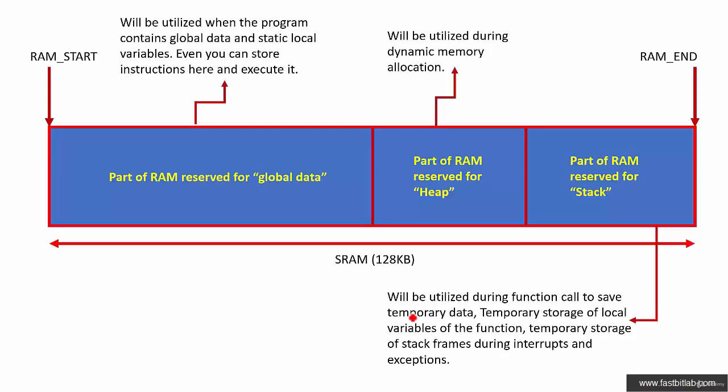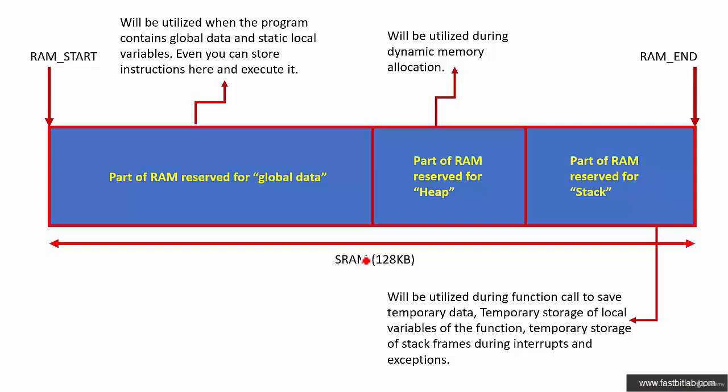Let's move forward. I said one thing, that stack is part of RAM. Our microcontroller has a RAM that is also called SRAM. In our microcontroller, the STM32F407, we have two SRAMs, SRAM1 plus SRAM2.